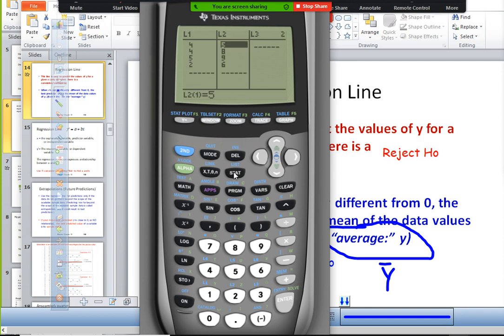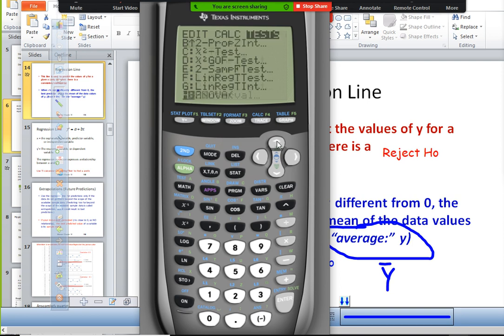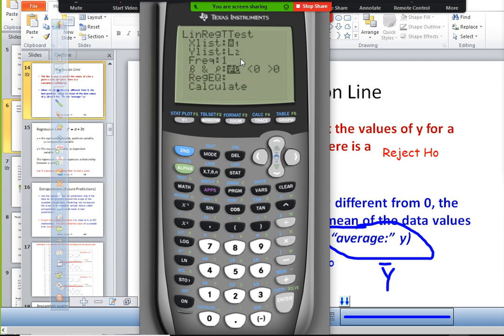Then you go to stat, test, arrow up to get to linear t-test of L1 and L2, frequency 1, not equal to, and then you calculate. It gives you your A and your B, and your R. See, this is a terrible R. I'm probably not going to reject H naught, so I would not use this A and B because it's not a line.